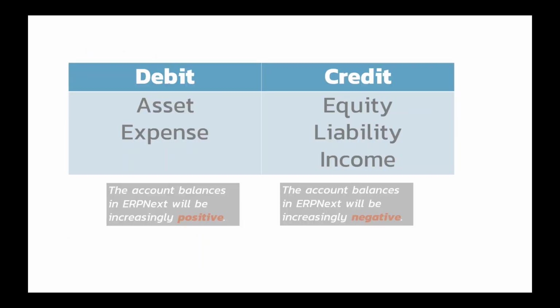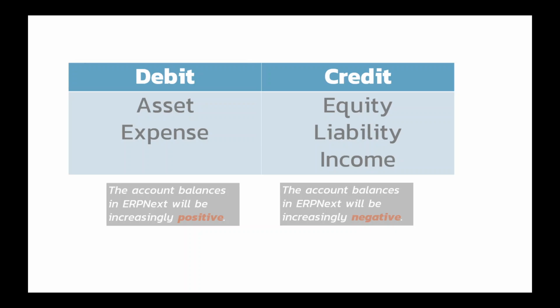Okay, but the thing is that when you have these categories, they fall into two different sides. Basically, the things on the left side, if they increase, the number that you record in your transaction is going to be positive, which makes sense, right?